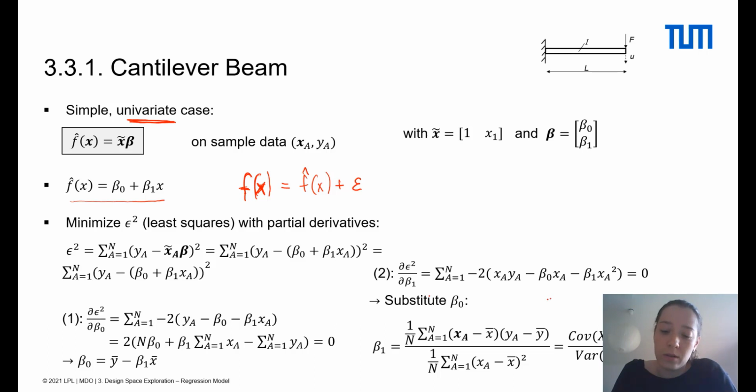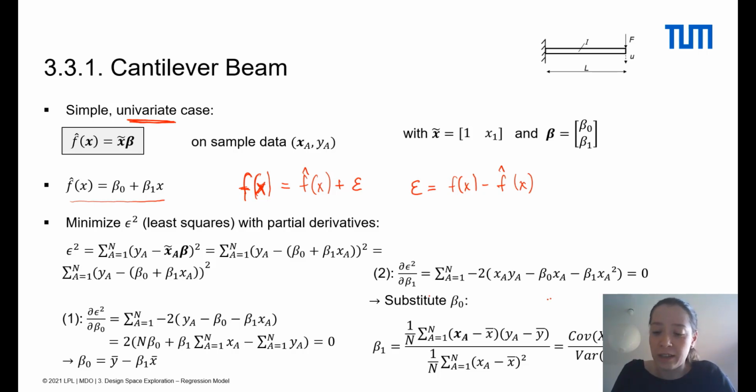So we know that epsilon is f of x minus f hat of x, and we know what f hat of x looks like, which is this linear equation.